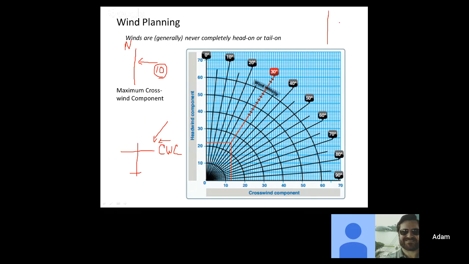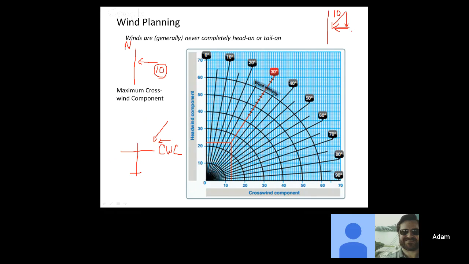Here's my runway. You're going to have your wind coming at an angle, and it's going to be 10 knots. But the way that your aircraft sees that from a crosswind perspective is the component of that wind that's hitting it from a perpendicular perspective. If we get into a little bit of physics here and you draw out force components, that 10 knot wind has a component in this direction, and it's got a component in this direction.